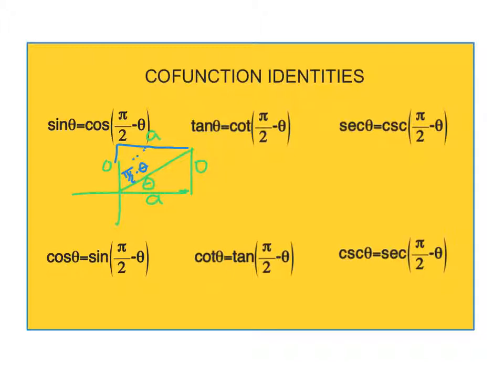So my sine of this triangle, which is your opposite over your hypotenuse, is the same thing as your adjacent over your hypotenuse on the regular one.